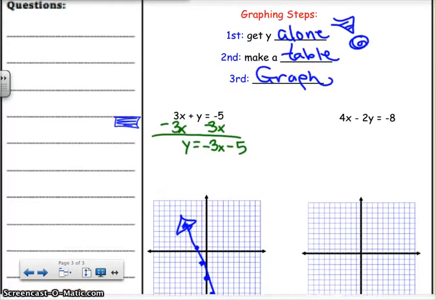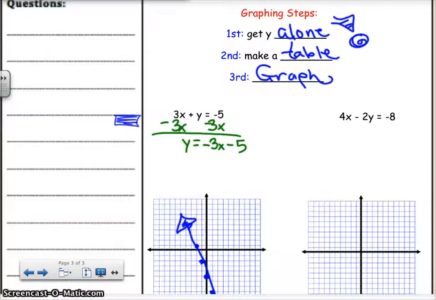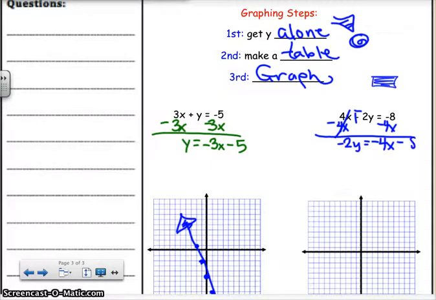Okay, so the next one, the first step I have to get y alone. So I need to move my x term. I cover up the y to see how I'm going to move it. It's a positive 4x, so I will subtract 4x from both sides of the equal sign. That cancels out. This is a -2, so I have -2y equals -4x minus 8.